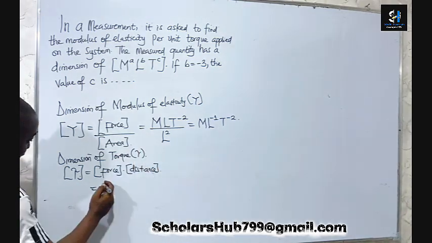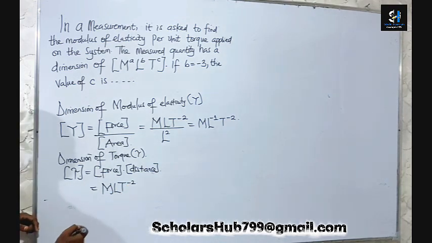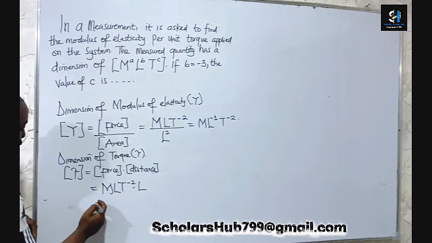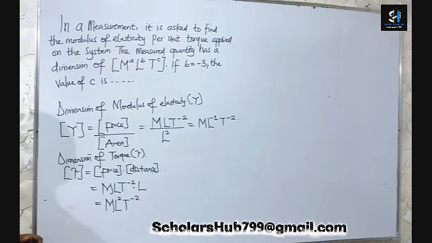For force, we have M L T to the power of -2 multiplied by L, so this will be M L squared T to the power of -2. So this is the dimension of torque.